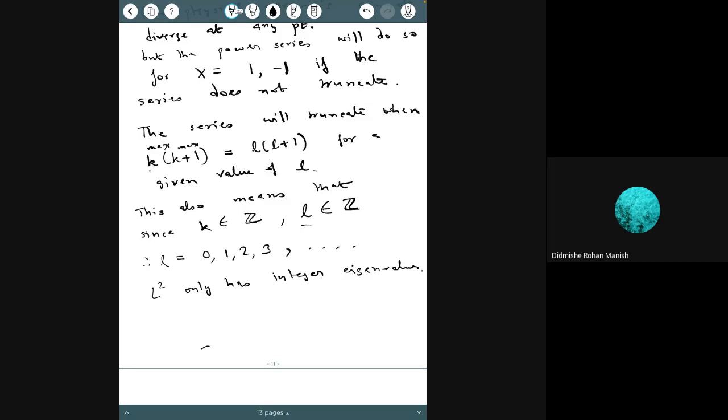No, so k's are always integers. Yes, so the LHS is an integer, but the RHS is L into L plus 1. As soon as L is not an integer, it will never be equal to any k, and then you'll have a divergent solution. So unless L is an integer, it is not guaranteed that the series will truncate.